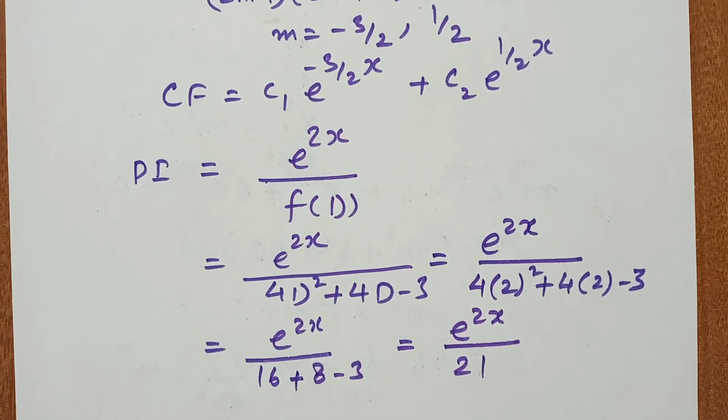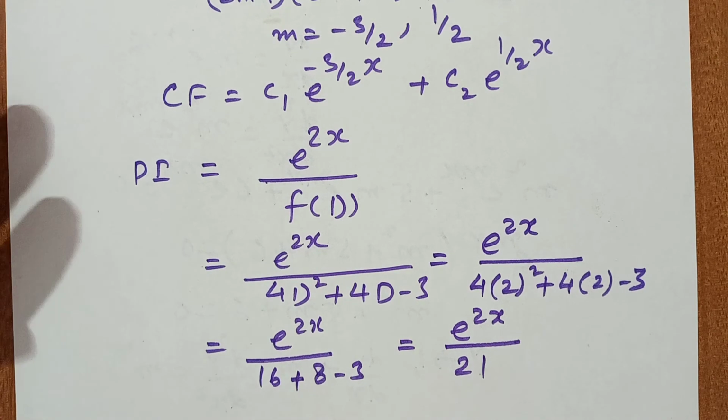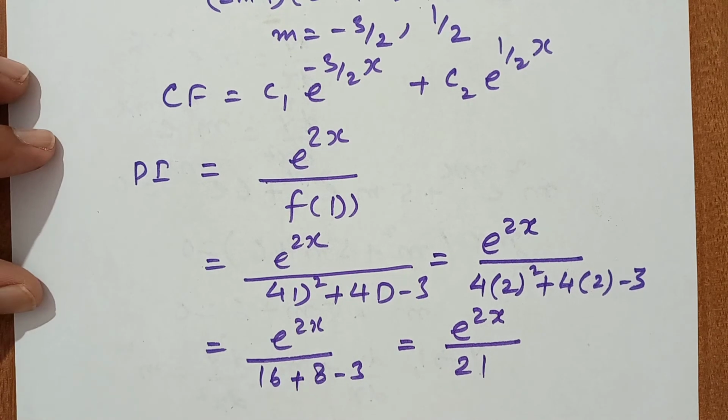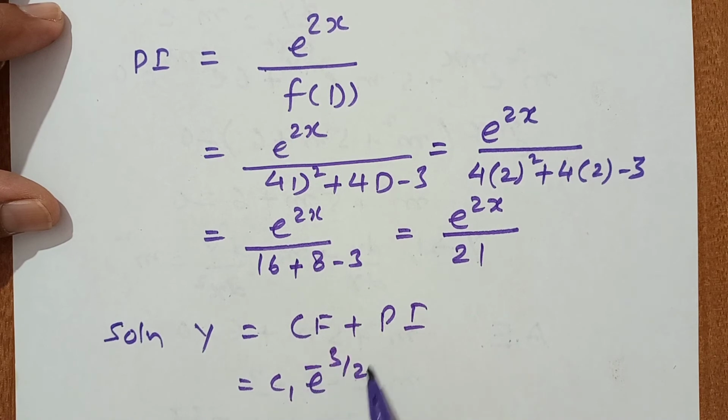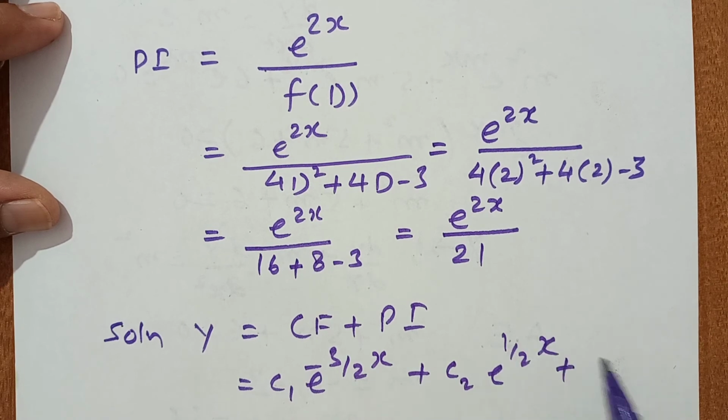Okay, so what is the solution? The solution is y is equal to CF plus PI. So what is CF? C1 e to the power minus 3 by 2x plus C2 e to the power half x, plus e to the power 2x upon 21.